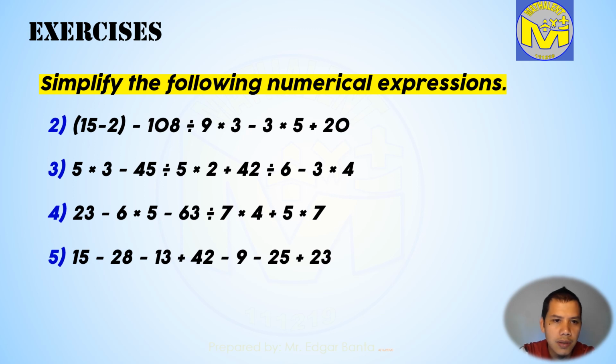Okay, number 3, multiply, minus, and then divide and times here, divide here and multiply here. Okay, number 4, times here, 6 times 5 first, and then divide and multiply here, and then multiply 5 and 7.